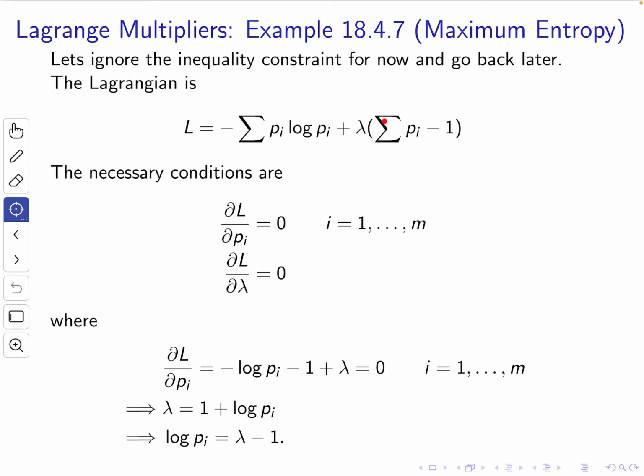And then when I take the derivative with respect to pi of the constraint term, I'm just going to get lambda. So this has to be equal to 0. So I can solve for lambda: lambda has to be equal to 1 plus log pi. So log pi has to be lambda minus 1.